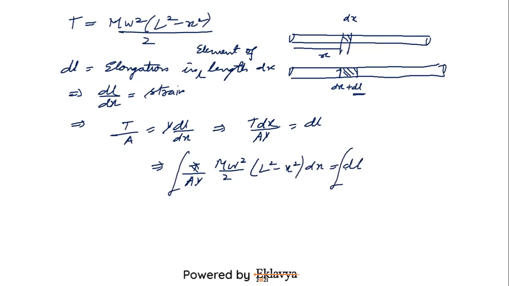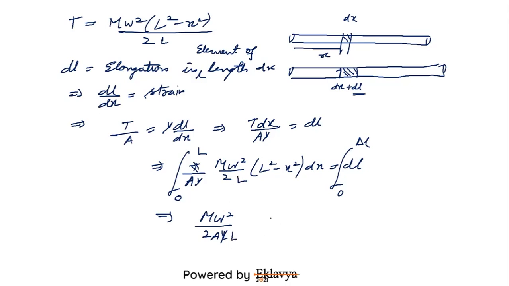Now if I integrate both sides, dl represents elongation in one element. If I add up elongation in all elements, then I get the total elongation in the rod, and here x will change from 0 to L. So we are going to write m omega square by 2AY. Actually I think there should have been an L in the denominator also. I think I missed one L here, 2L it was.